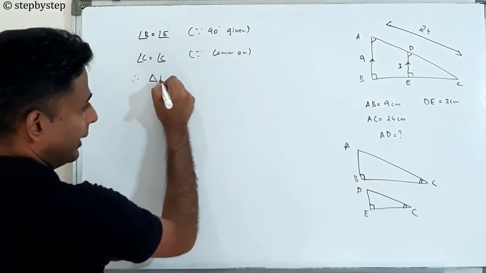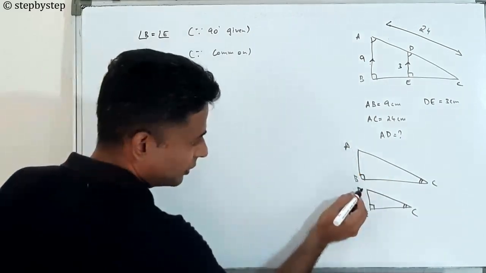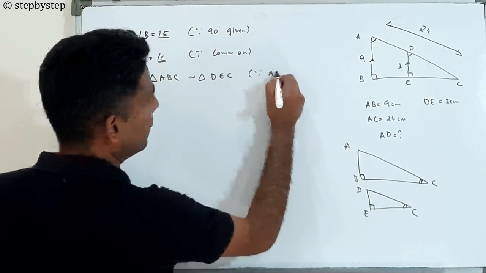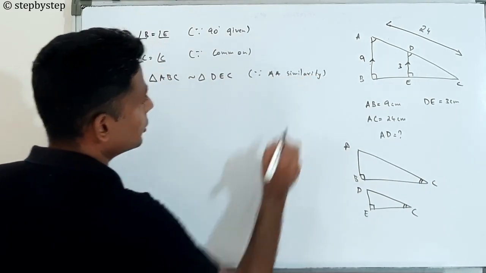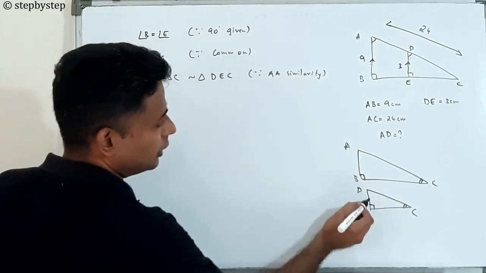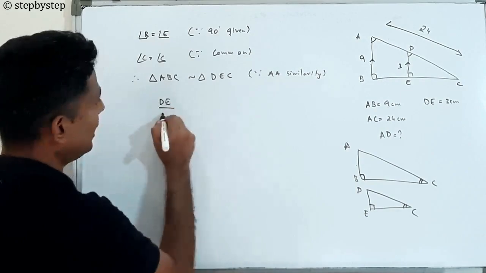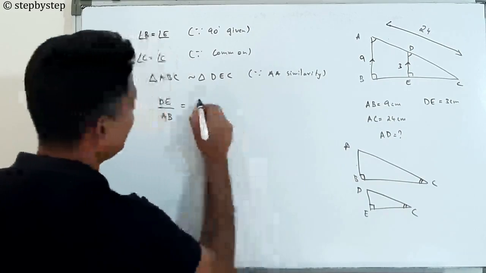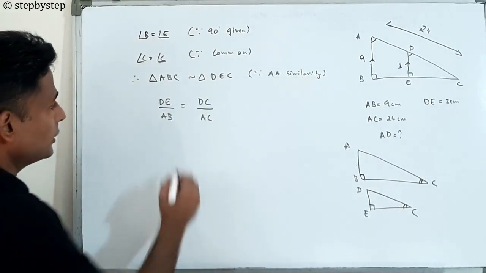Therefore, triangle ABC is similar to, I started from A, so I have to start from D, triangle DEC because double A similarity. So now what do we get? Ratio of corresponding sides DE by AB is equal to DC by AC, right? DC by AC. Okay.